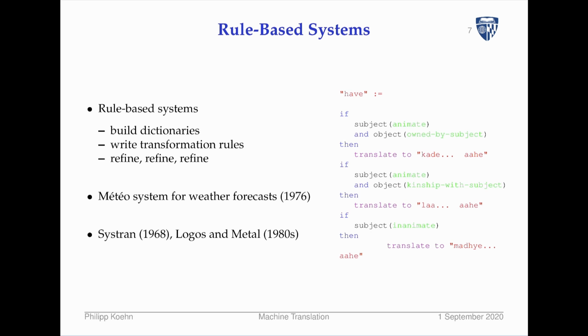There were other systems in the 1980s that were basically rule-based systems that were commercially being sold. So already in the 80s, for your Windows PC, you could buy a box with a CD of Systran, and then you could run the Systran machine translation system on your desktop computer.